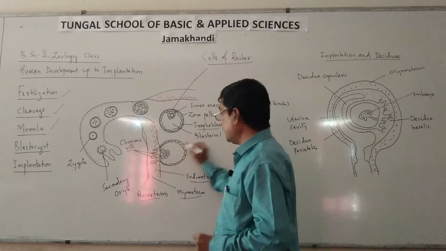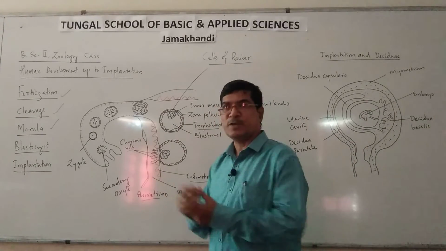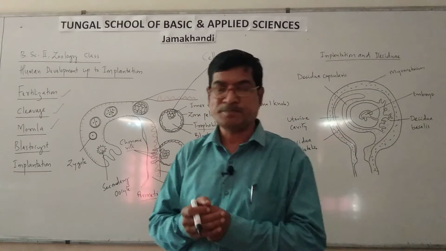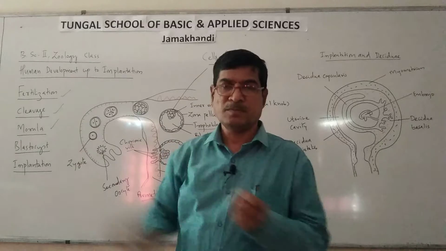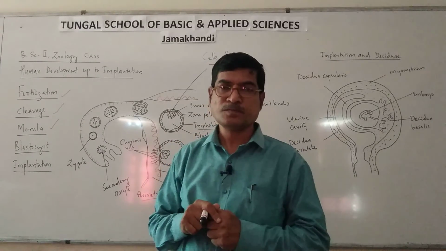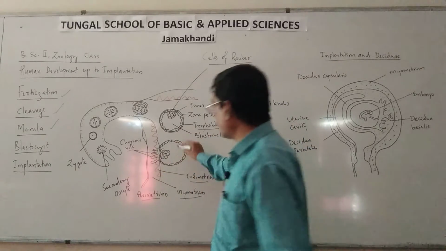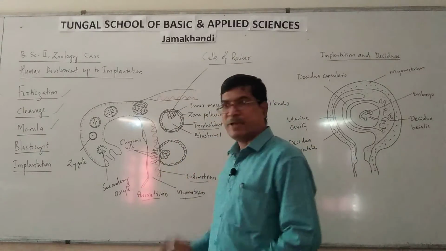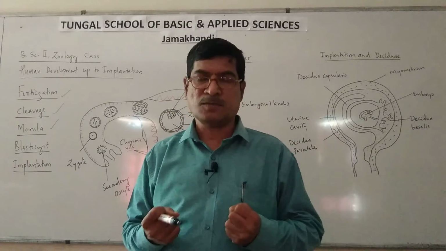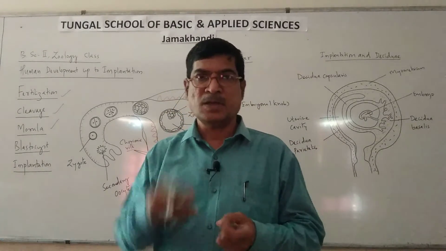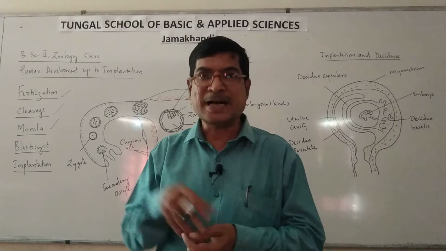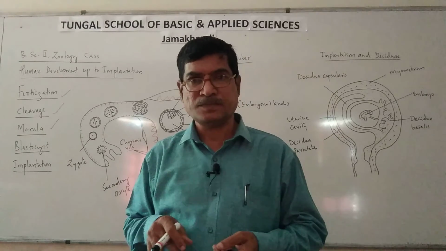Later on, it gets embedded into the endometrium, so the endometrium encircles the blastocyst. Around the blastocyst, the chorionic villi develop to get food from the maternal blood circulation. The chorionic villi and the uterine tissues are interdigitated.